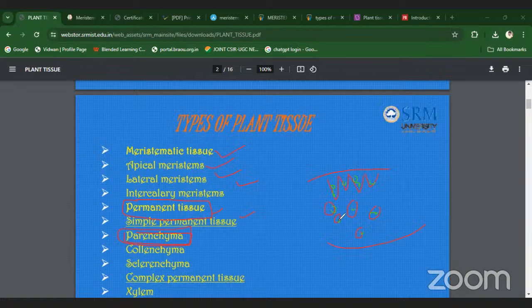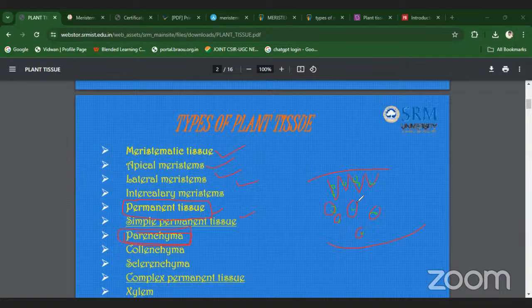The primary cell wall is made up of cellulose, and pectin is also present. This gives mechanical strength to the body and helps withstand pressure. Based on the composition of pectin substances, there are four types: angular, lacunar, plate and annular collenchyma. This is clearly given in your book, with diagrams A, B and C. You can observe based on the diagram.